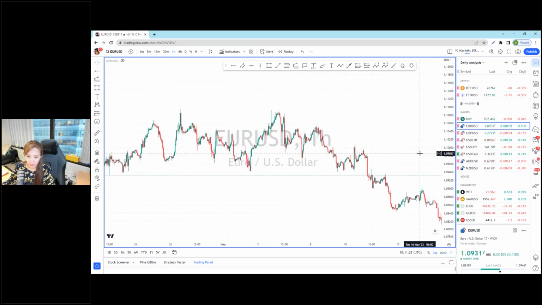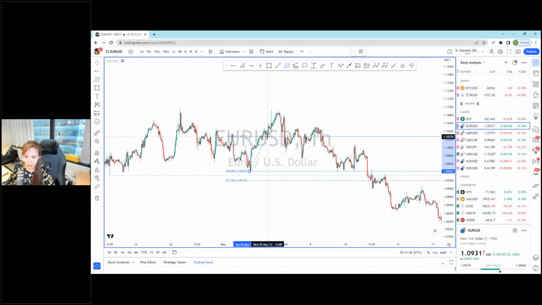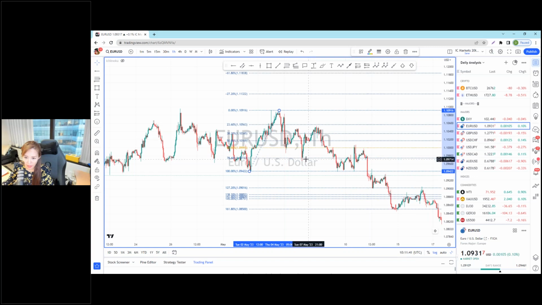For example, I'm using this as my starting point and this as my ending point. I pull out my retracement, and you can see that price retraced at 61.8%. So this is the one I'm going to buy.